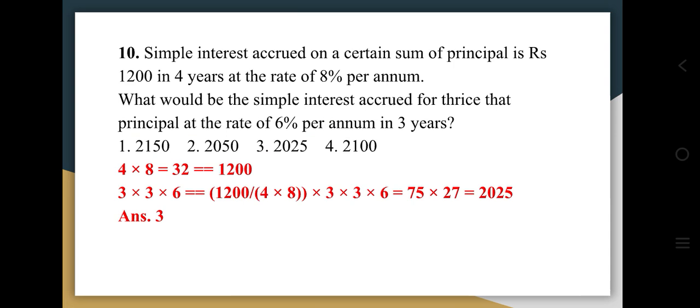1200. But in the second case, thrice the principal amount is invested. So if you assume the principal amount as 100, thrice that is 300. So for 100 at 6% rate for 3 years, the interest is 3 into 6. So for 300, it is 3 into 3 into 6.